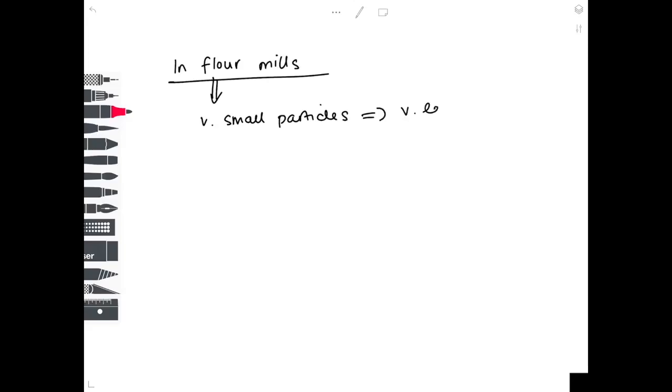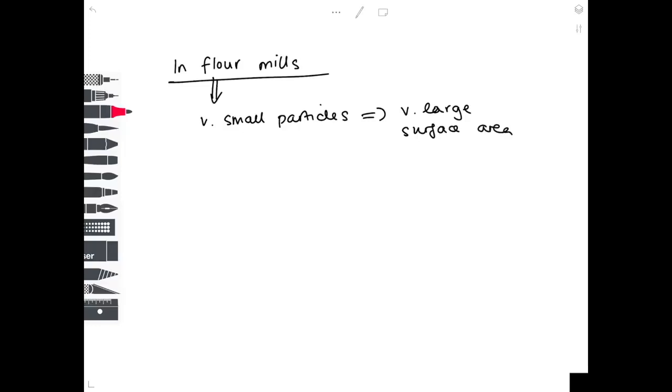And our example we want to look at here is in flour mills. So a flour mill is somewhere where you take wheat, you grind it up to produce flour that you can bake bread or bake cakes with. So what you find here is obviously with the flour, you have very small particles. And as we've just learnt in rates of reaction, very small particles have a very large surface area.